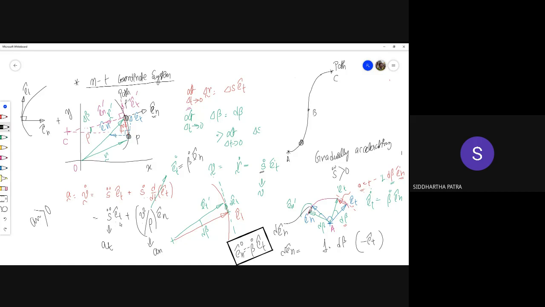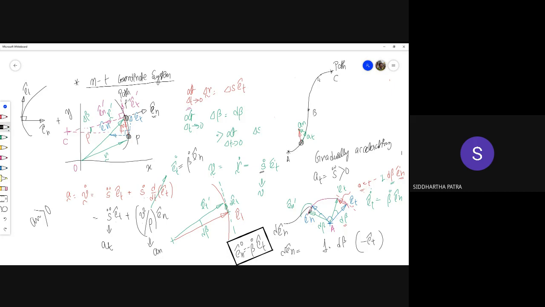So all I'm trying to say here is its tangential component of the acceleration is greater than 0. So this is what its tangential component of the acceleration would look like, because it is along the positive tangent. Now, from its curvature, you can figure out the direction of its normal component of the acceleration. It would be something like this, and that would give you a resultant acceleration, which would point somewhat towards the left.